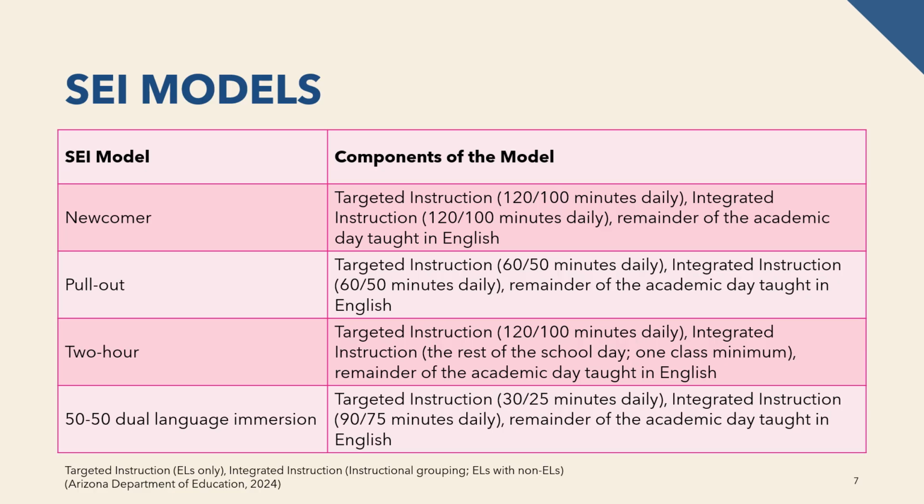Our targeted instruction is only going to be 30 minutes a day for our younger students and 25 minutes a day for our older students. Integrated instruction is 90 minutes a day for the younger students and 75 minutes a day for our older students, and then the remainder of their academic day is taught solely in English.